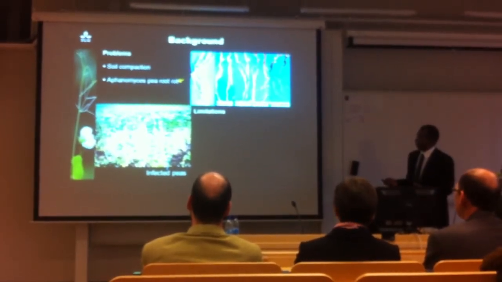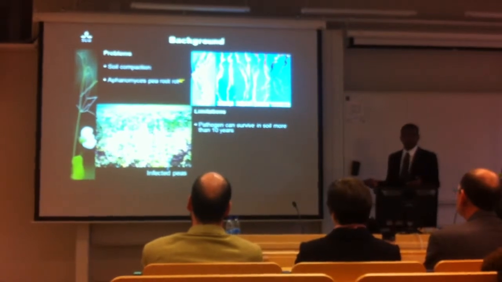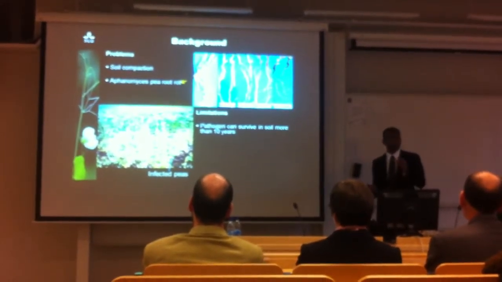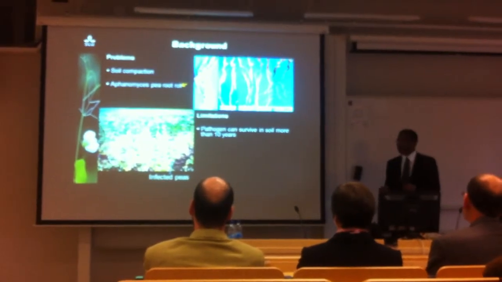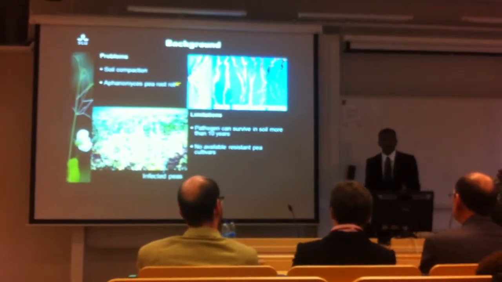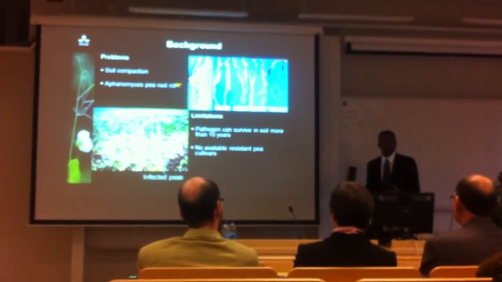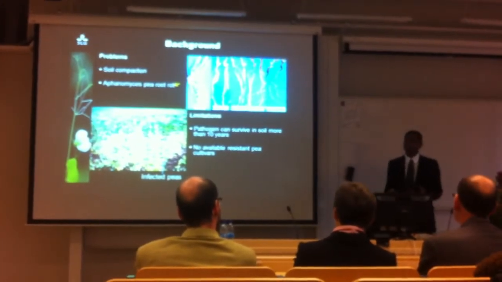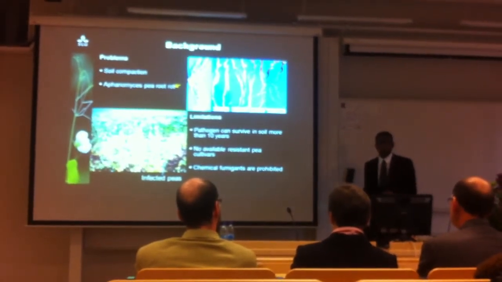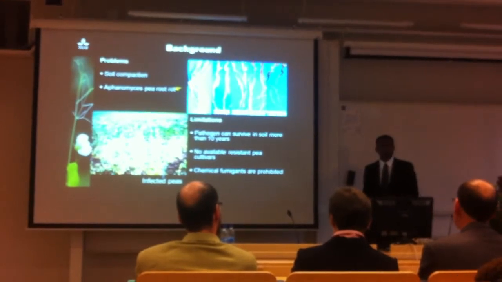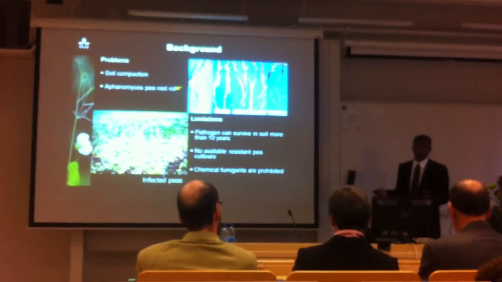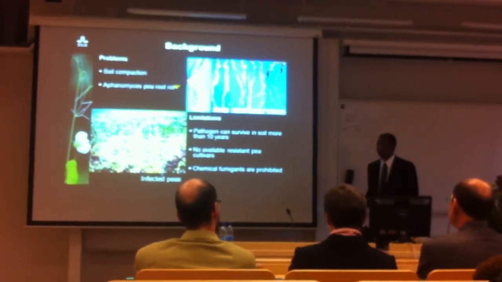This pathogen can survive in soil for more than 10 years without a host plant due to a very thick and protective cell wall. Currently there are no Aphanomyces-resistant pea cultivars, and chemical fumigants are forbidden in many countries, therefore it's extremely difficult to grow peas given these limitations.